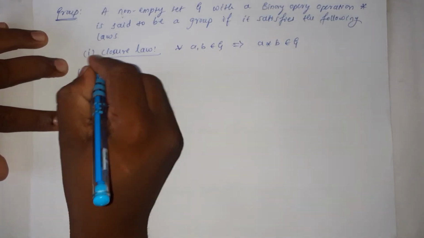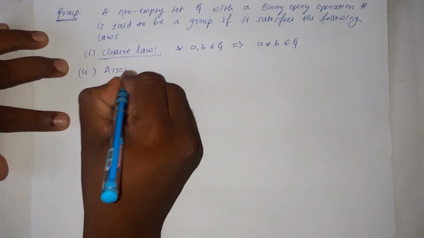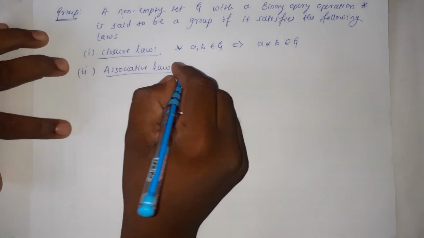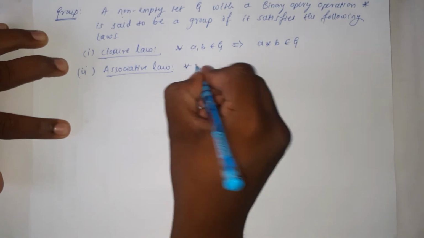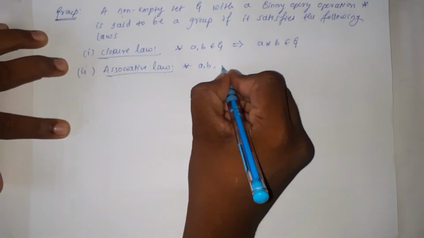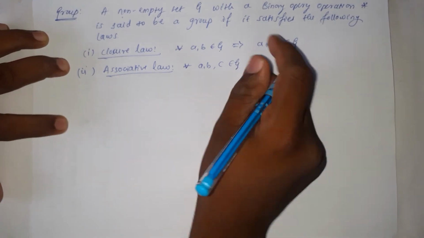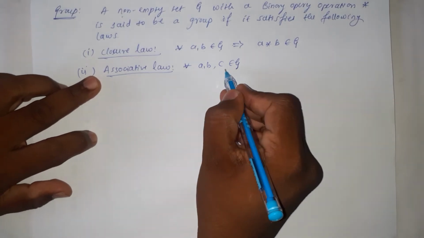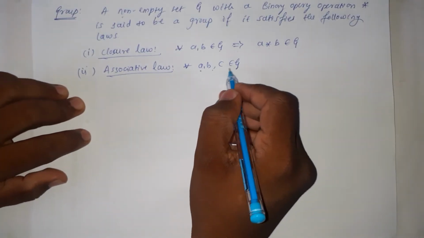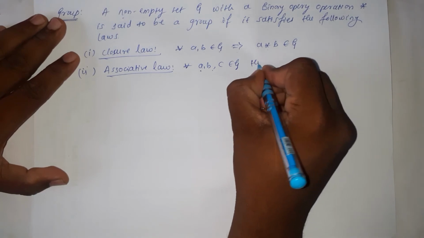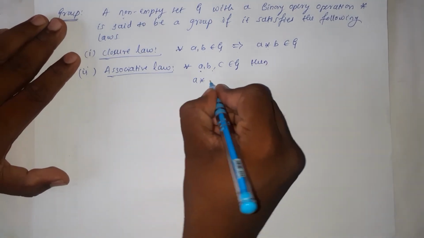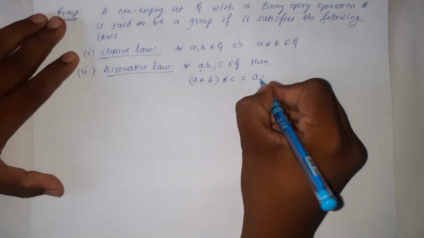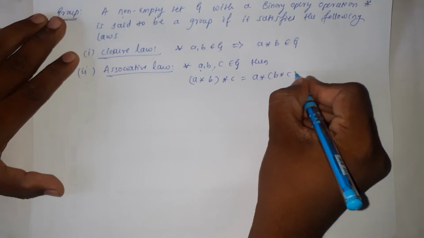Then second one, associative law. So, here for all a, b, c belongs to G, to state this we require the three elements a, b and c, then (a star b) star c is equal to a star (b star c).